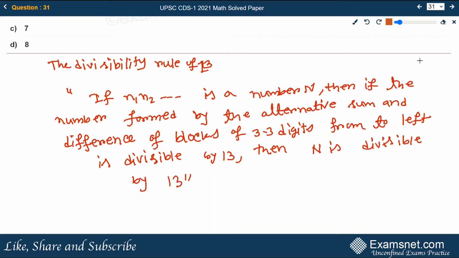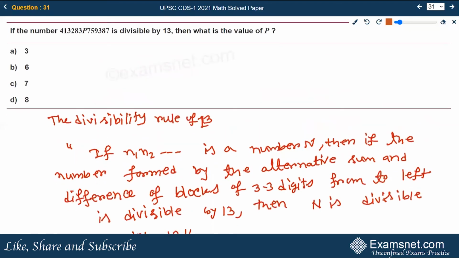It might seem a bit complicated, but it is not.